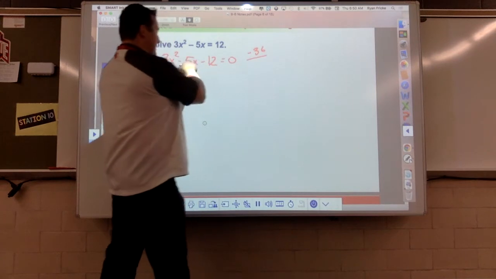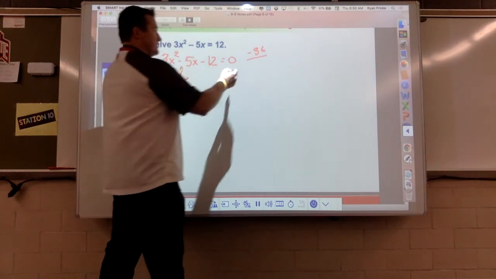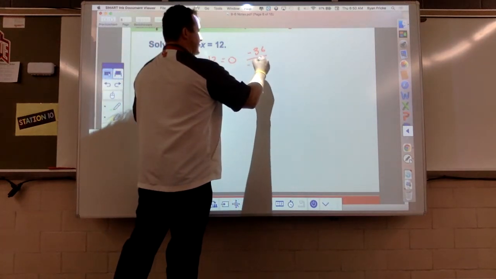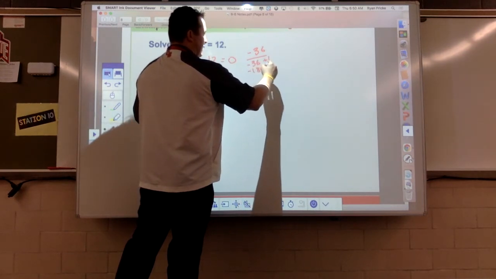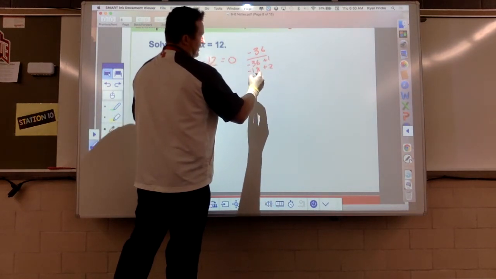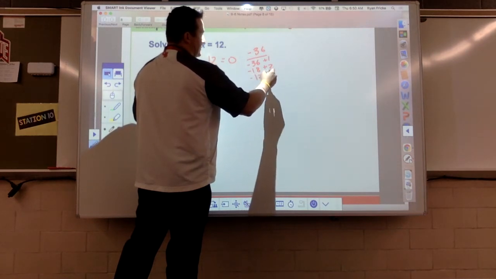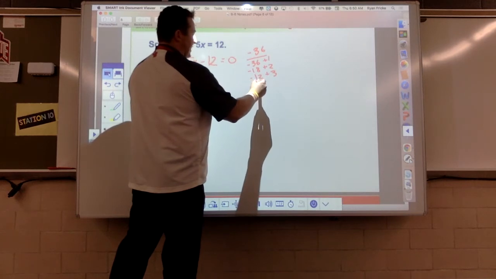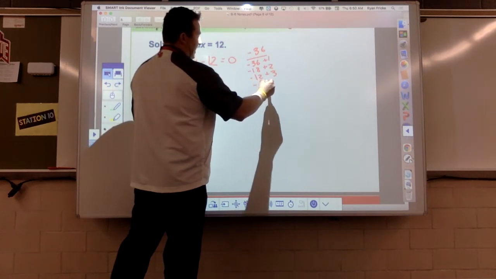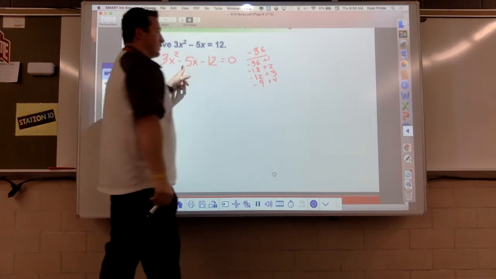So, you know, obviously the bigger number is going to be the negative one. So like we could have negative 36 and positive 1. We could have negative 18 and positive 2. We could have negative 12 and positive 3. We could have negative 9 and positive 4.